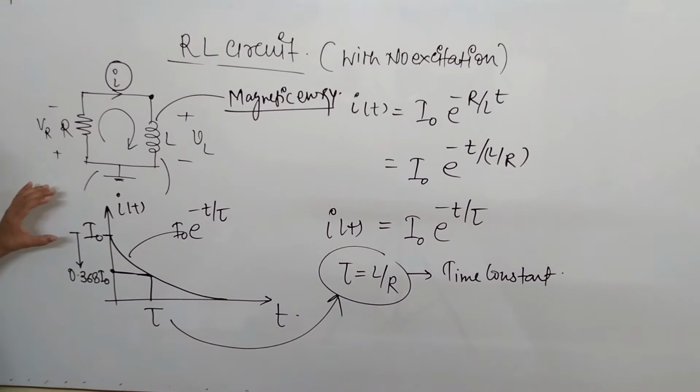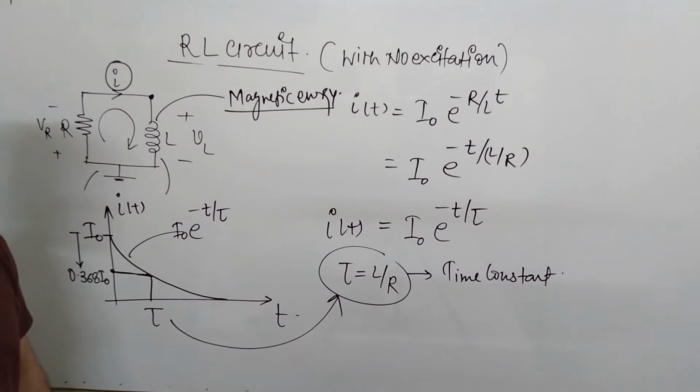So this is all about the behavior of the current across the inductor at time t equal to 0 and so on. Okay, so this is all about the inductor. The same concept applies for its time constant value.